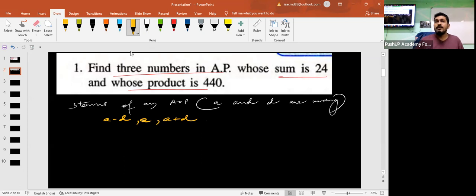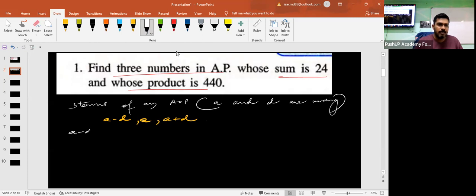So you should first of all realize when we apply this general pattern. That is only in the situation where both A and D are not given to you. In this case, they hadn't given A as well as D. Instead, what they mentioned is that the sum is 24.